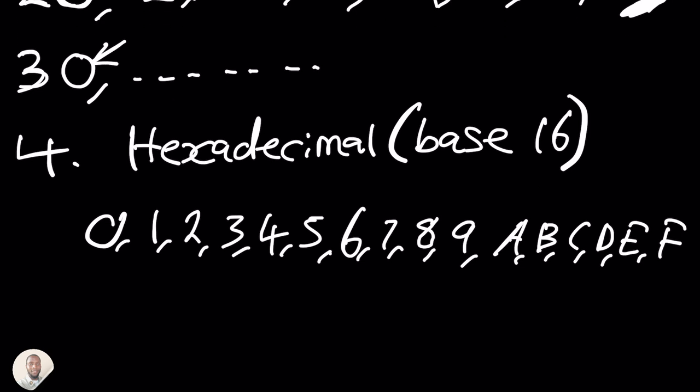So when you get to F, the next number becomes what? 10. Do you see the beauty? So it goes on and on and on like that.